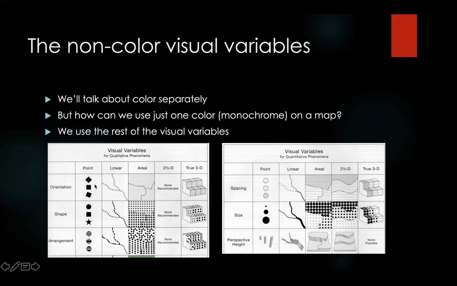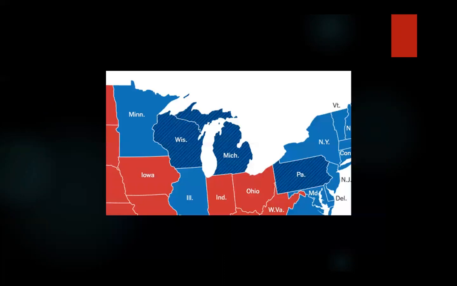Orientation is often used when you're constrained to pure black and white, no grayscale. And it's occasionally used with another variable. Here, for instance, orientation is used as the second variable to show which states were flipped from the previous election, not just who won the Electoral College votes for the state.